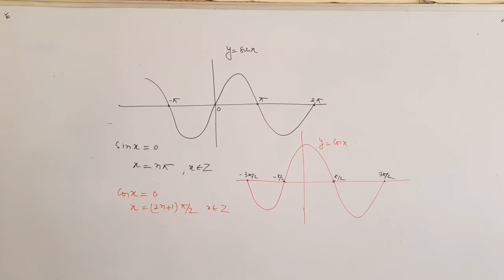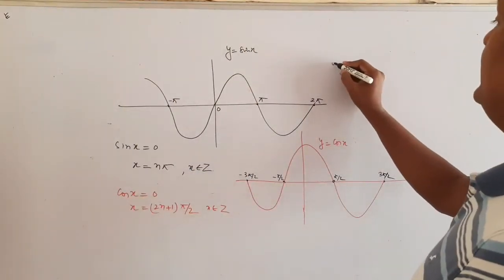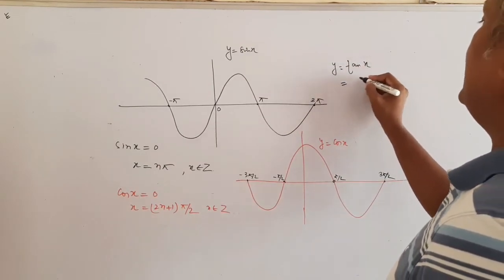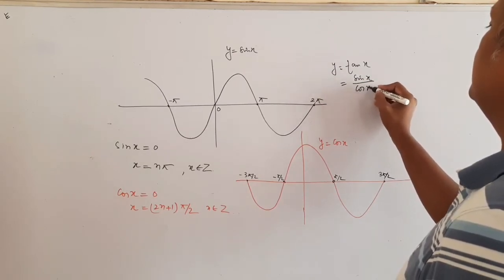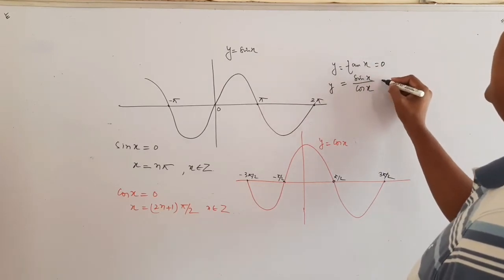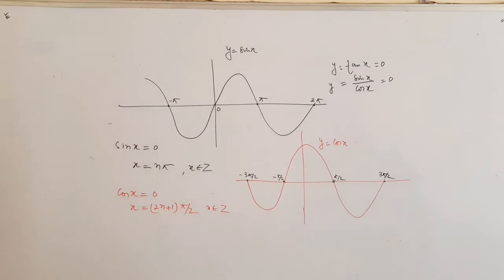Now if you go for the tan x, then y is tan x, and tan x is sin x over cos x. For this to become 0, you have the situation where the numerator is 0 but the denominator is non-zero.